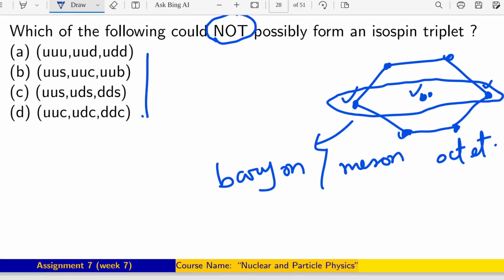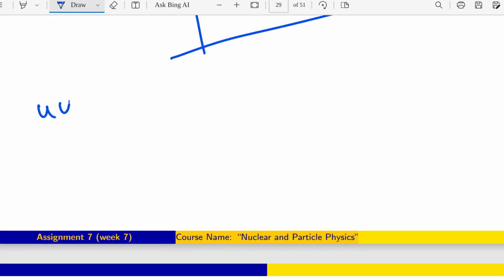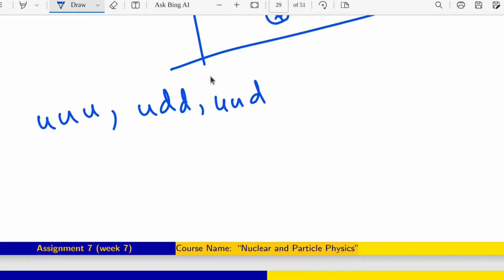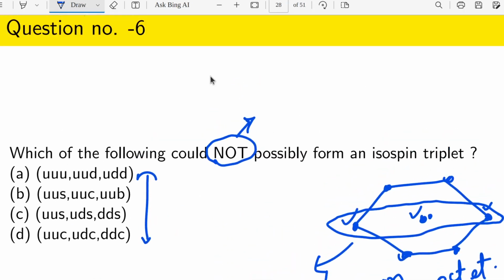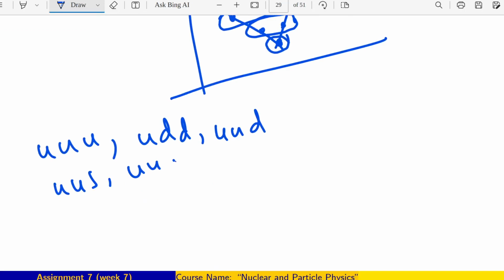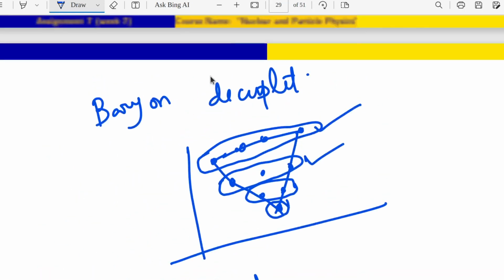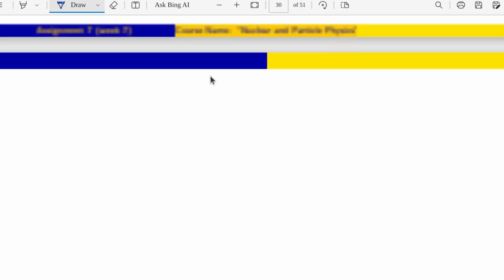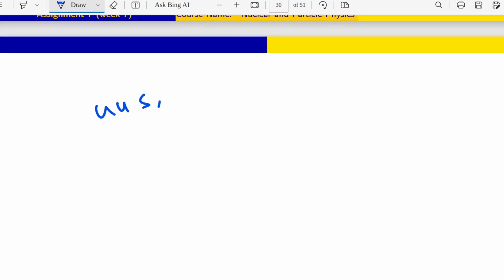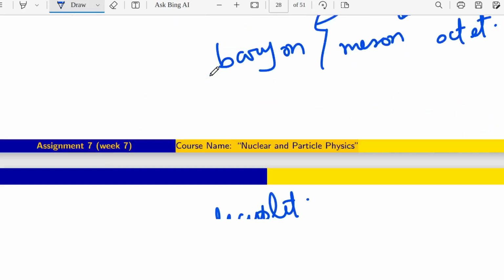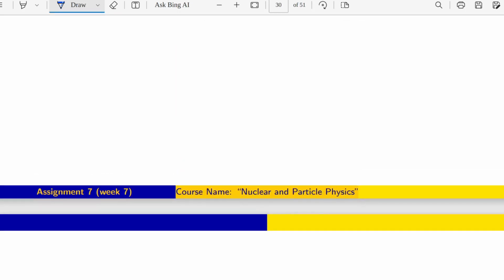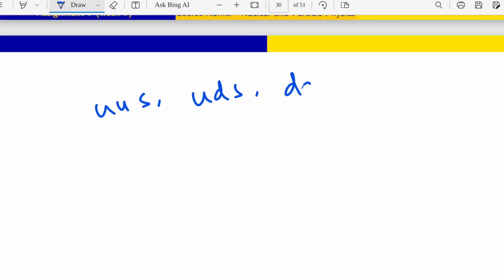So in that question there are 4 options given. I'm writing here: UUU, UUD, DDD maybe. Then UUC, UUB; then UUS, UDS and DDS.